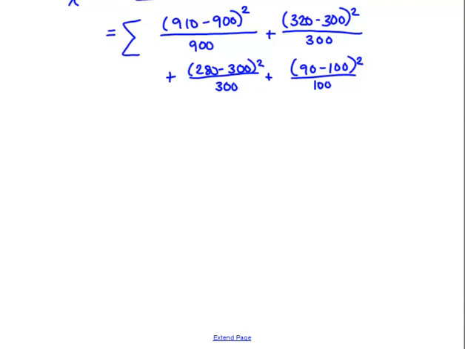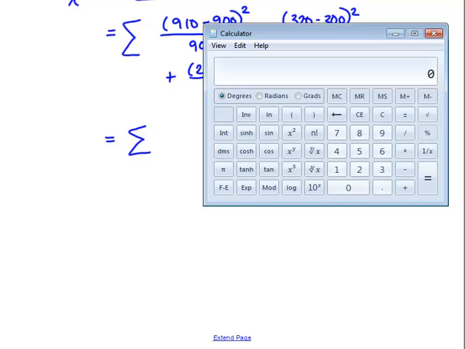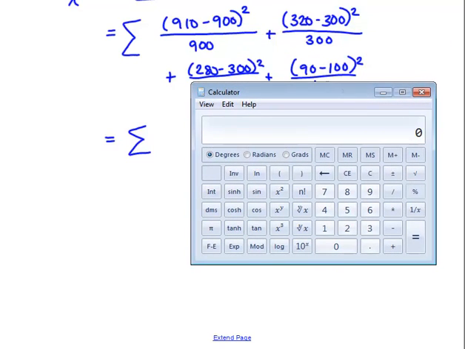Now if you want to follow along and do this on your calculator, I'm going to do each of the 4 classes, and then I'll sum those 4 numbers later. So you have 910 minus 900 is 10, squared is 100, so 100 divided by 900, you get 0.111.